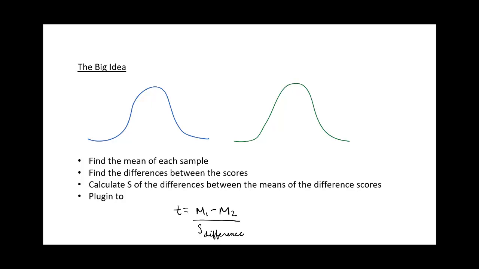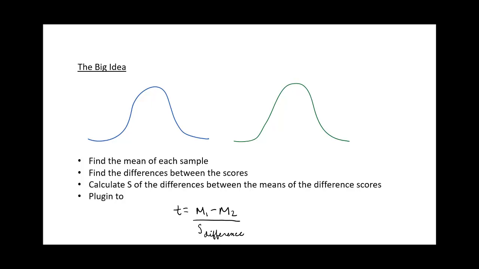What we are trying to find out is how far away the differences between the two means are compared to a situation where we would expect no difference. Remember, the null hypothesis in most cases is that we expect no difference between the two groups. And we want to know how far away our differences are from a situation where there is no difference.